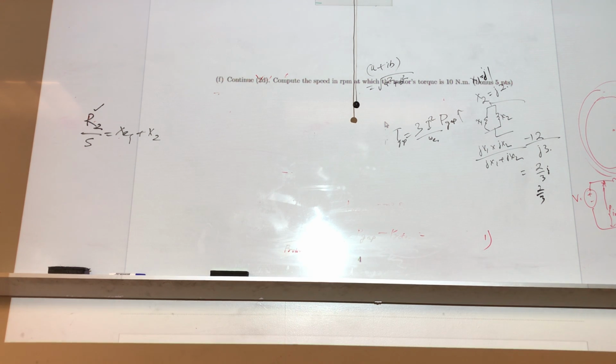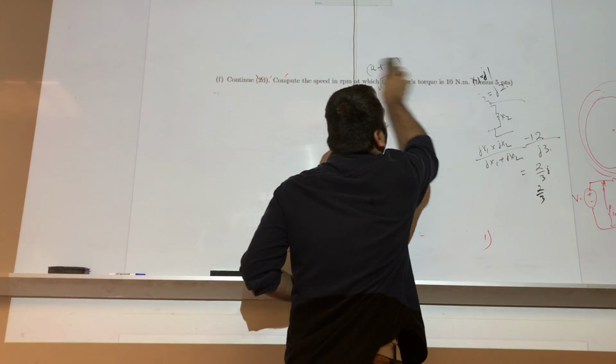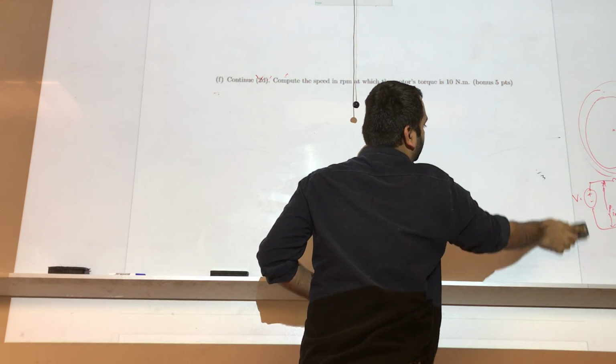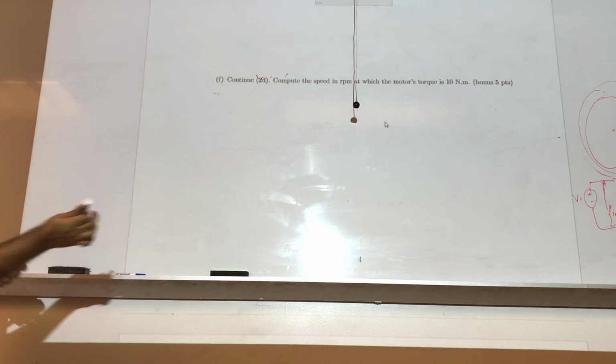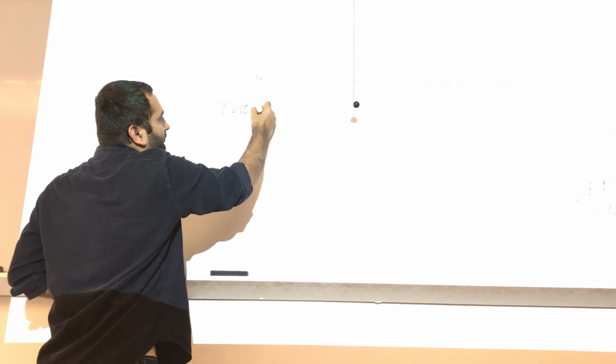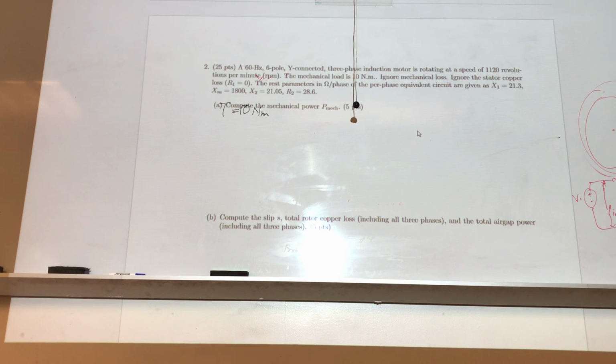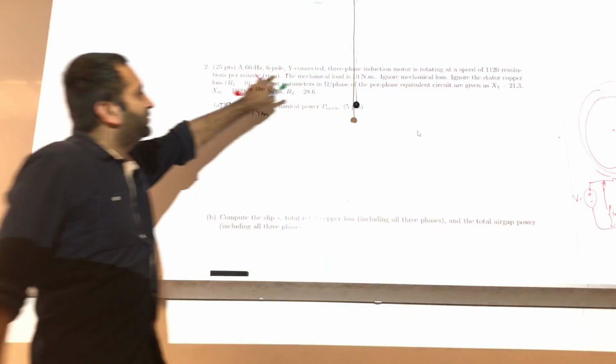It says compute the speed in RPM at which the motor torque is 10 Newton meter. So it says the torque is 10 Newton meter, right? And if you see the previous question, the main question, even at 60 Hz, the torque is 10 Newton meter.